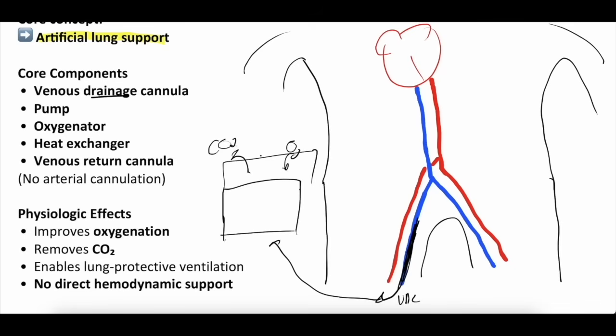And then after that, that blood is then pumped back into the venous system. And we're going to kind of cross court here through the other common femoral vein, which has a cannula in it. So there's cannulas in the veins. It pulls blood out of one of the veins, puts it through a pump, oxygenates it, pulls carbon dioxide out, and then returns it through another vein.